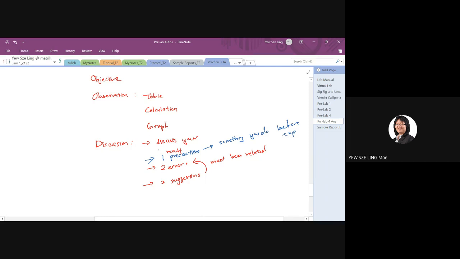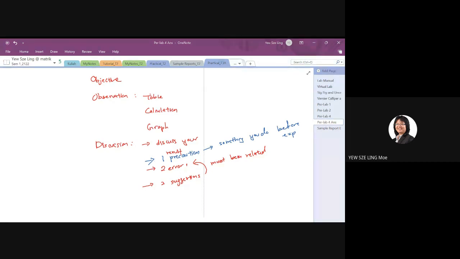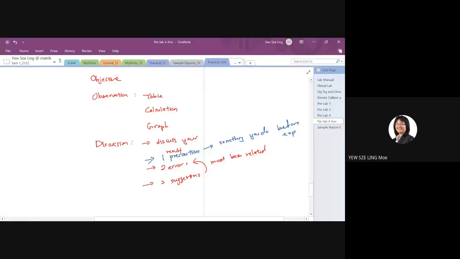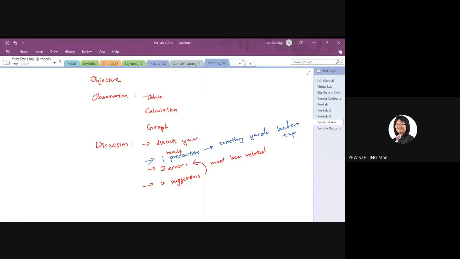Paragraph 1, discuss your result. 2nd paragraph, you give 1 precaution. Third paragraph, 2 errors. Fourth paragraph, 2 suggestions. So they added a little more.